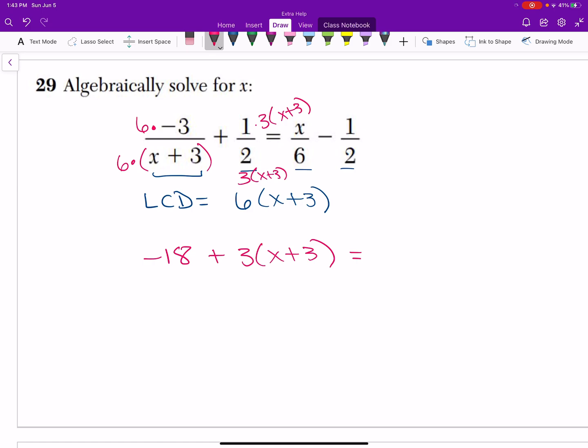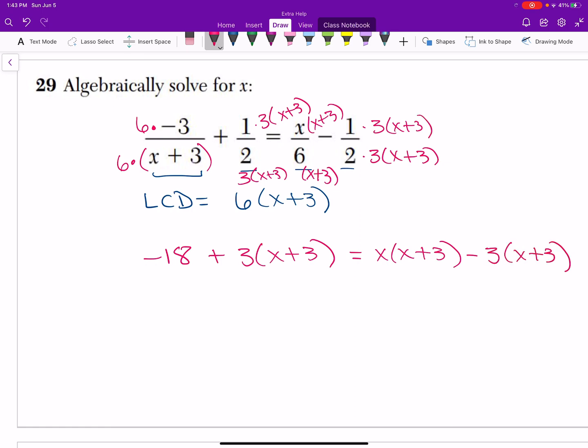The next one is the 6. It needs the binomial x plus 3. So we have x times x plus 3 on the top, minus, I need to do 3 times x plus 3 again. So it's minus 3 times x plus 3.